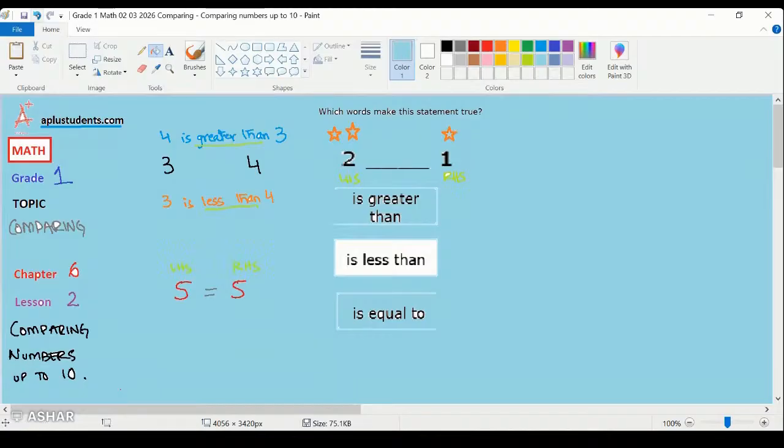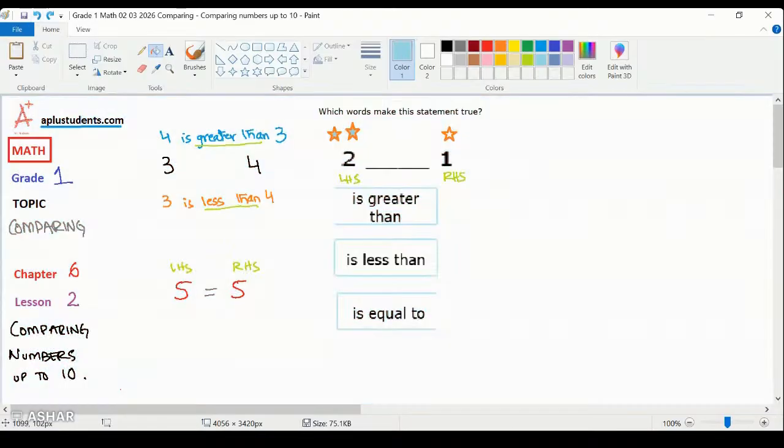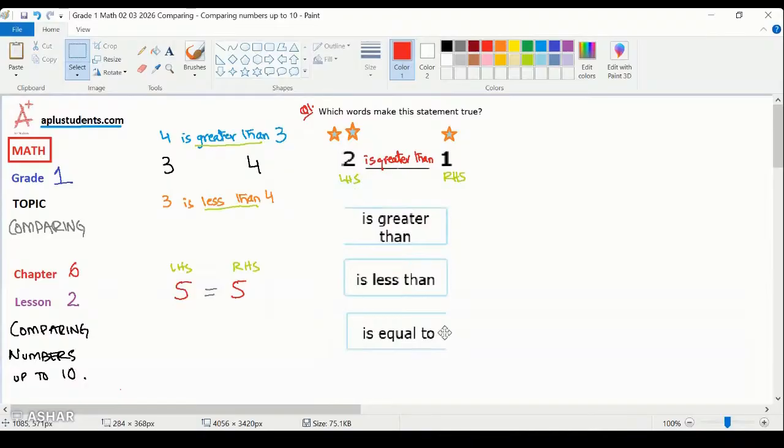The more quantity would be on the left hand side, right? So can we say 2 is greater than 1? Do we agree? Perfect. Thank you, Solomon. We can say 2 is greater than 1.